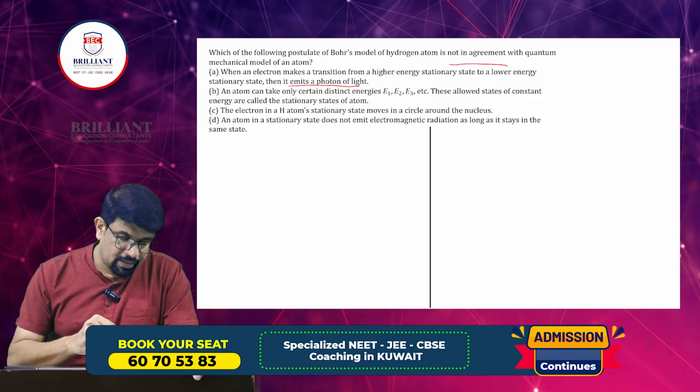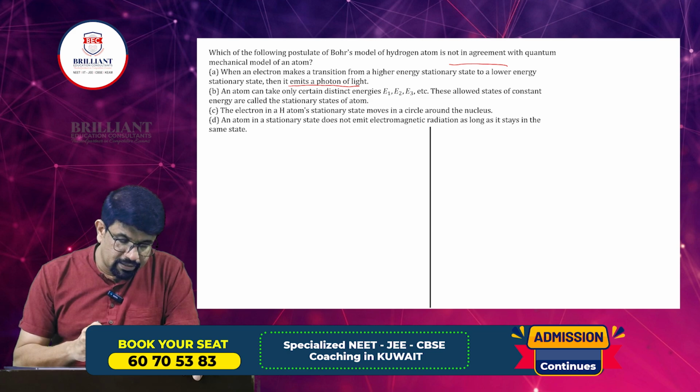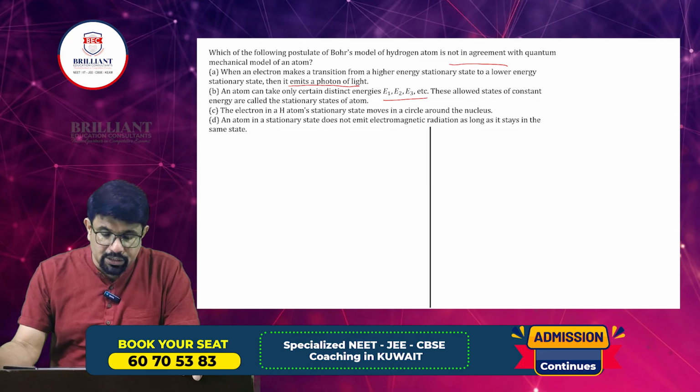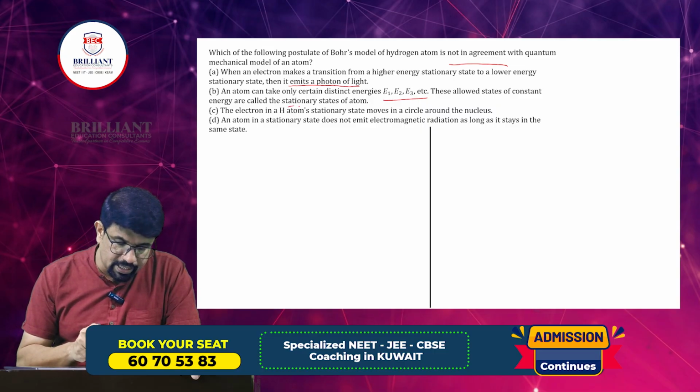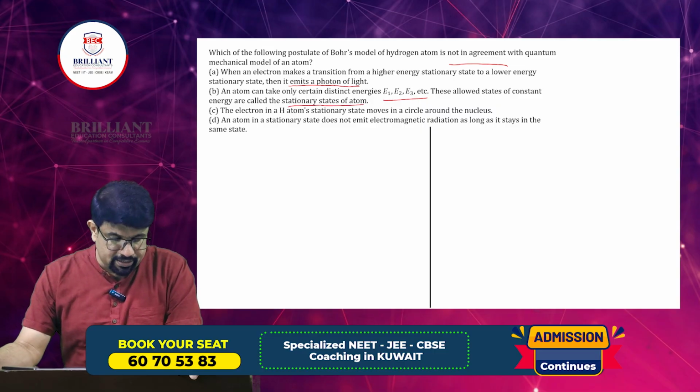Second, an atom can take only certain distinct energies, E1, E2, E3, etc. These allowed states of constant energy are called stationary states of the atom.